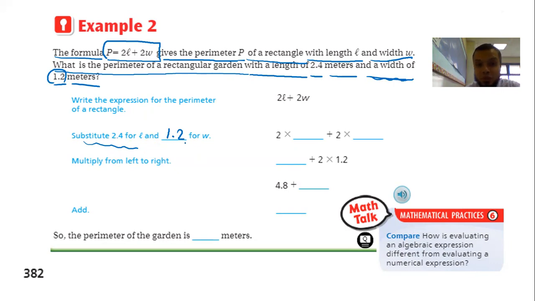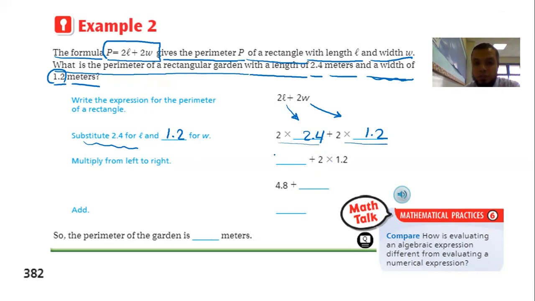So 1.2 for W. What should I write here for L? Yeah, 2.4. What should I write for W? 1.2. Multiply to find the answer. We have multiplication, addition, and multiplication. What operation should I start with?